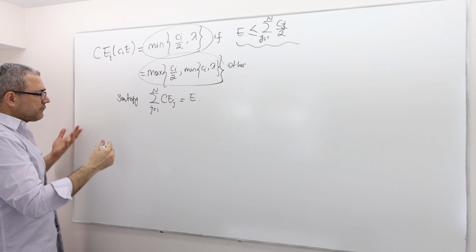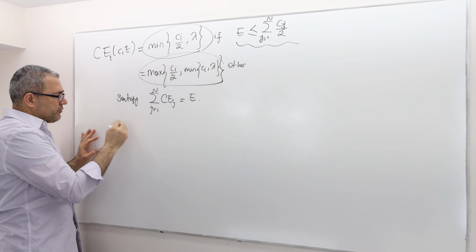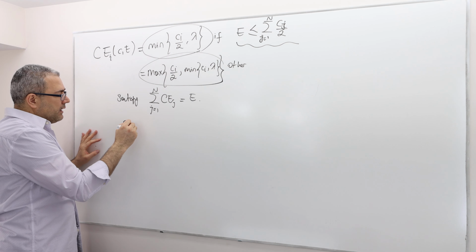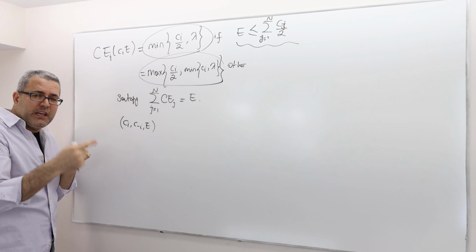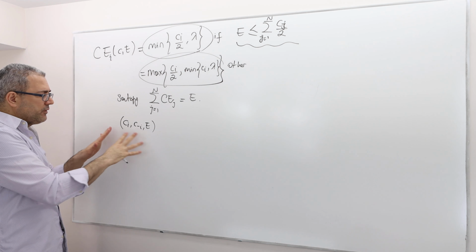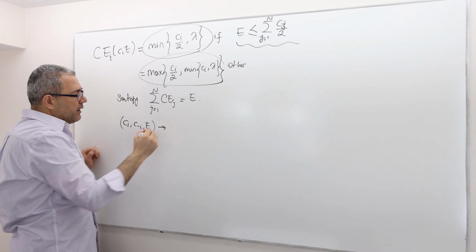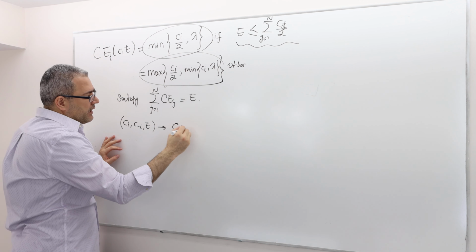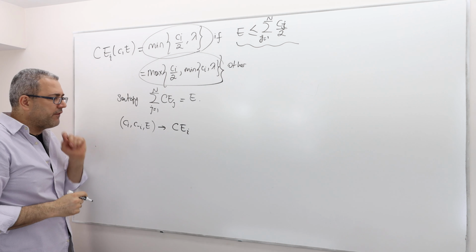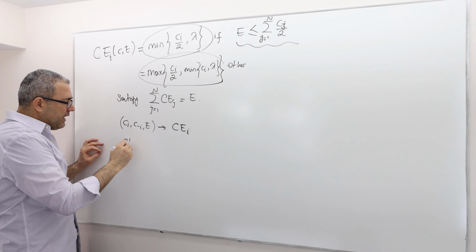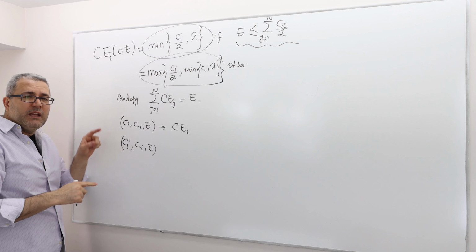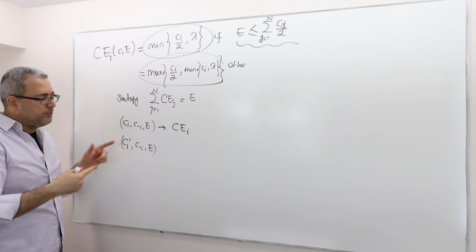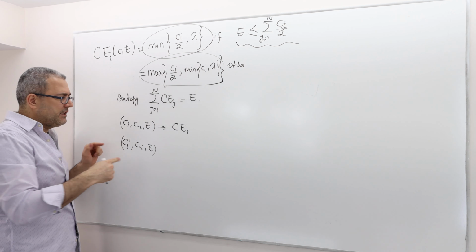What does that mean? That means I have two different problems, right? (c_i, c_minus_i, E). Remember, I'm checking claims monotonicity. So this is the initial problem. In this case, we have CE_j for everyone. And then I have (c_i prime, c_minus_i, E). So only individual i's claim has increased.